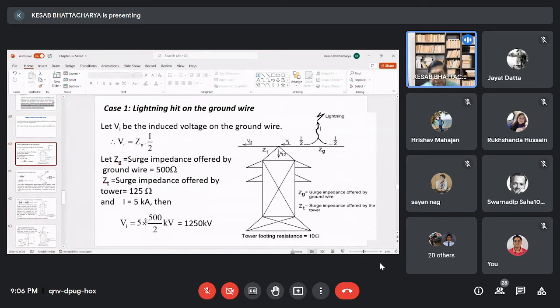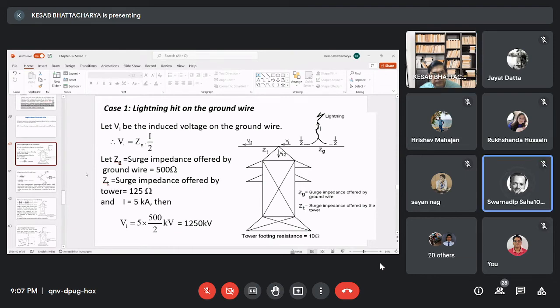Therefore, the incident voltage will be equal to 5 into 500 by 2 kV, that is 1250 kV. So this much voltage will start traveling in either direction. Clear?